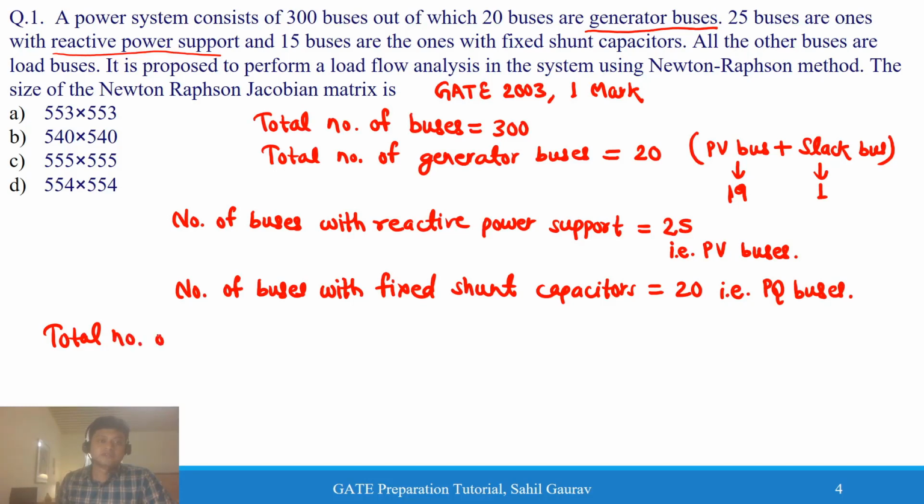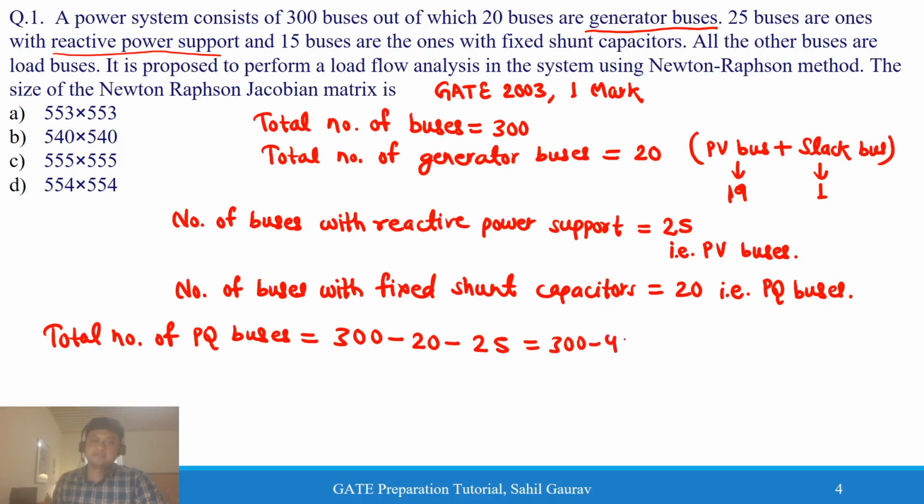The total number of PQ buses is the total number of buses, 300, minus the 20 generator buses, and also minus the buses with reactive power support, that is PV buses. So it is 300 minus 45, which is 255.